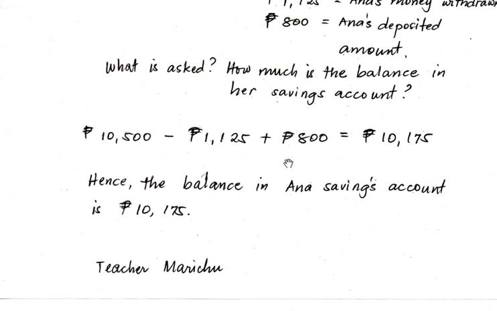That means that depositing is adding another amount of money, and that is 800 pesos. And performing the operations, we have 10,175 pesos. Hence, the balance in Anna's savings account is 10,175 pesos.